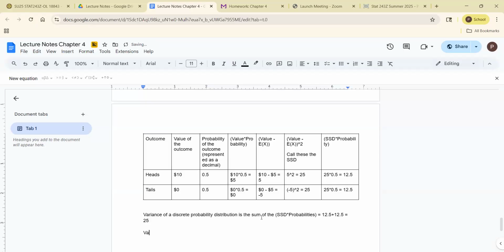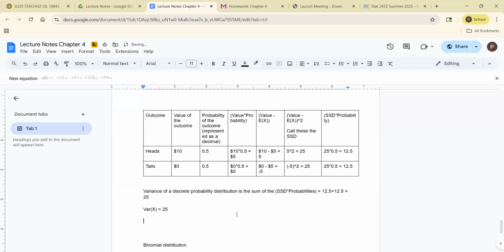The notation for that, I usually write VAR. And just as with data, we can also look at the standard deviation, which is the square root of the variance, which in this case is square root of 25, which is 5.